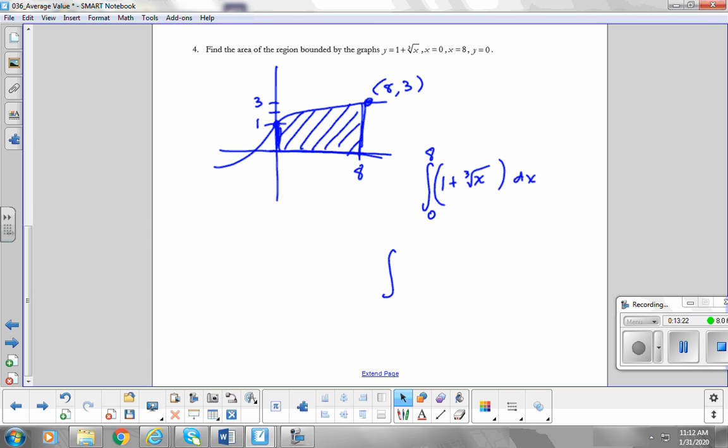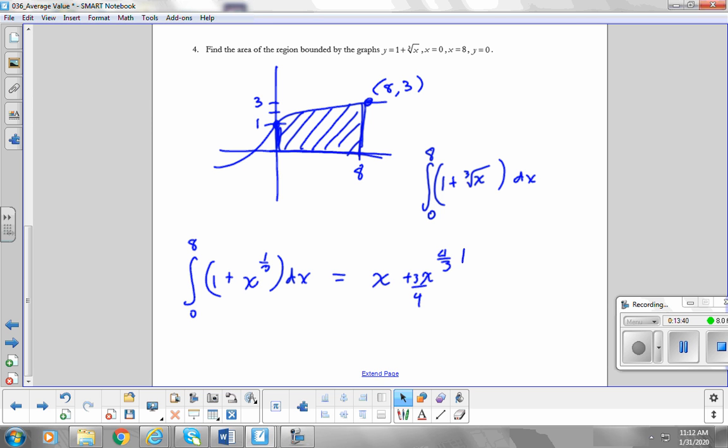Okay. So from 0 to 8, 1 plus x to the 1/3 is another way of writing that. And then the antiderivative of 1 is x. Antiderivative of x to the 1/3 is x to the 4/3 over 4/3, or times 3/4, running from 0 to 8.